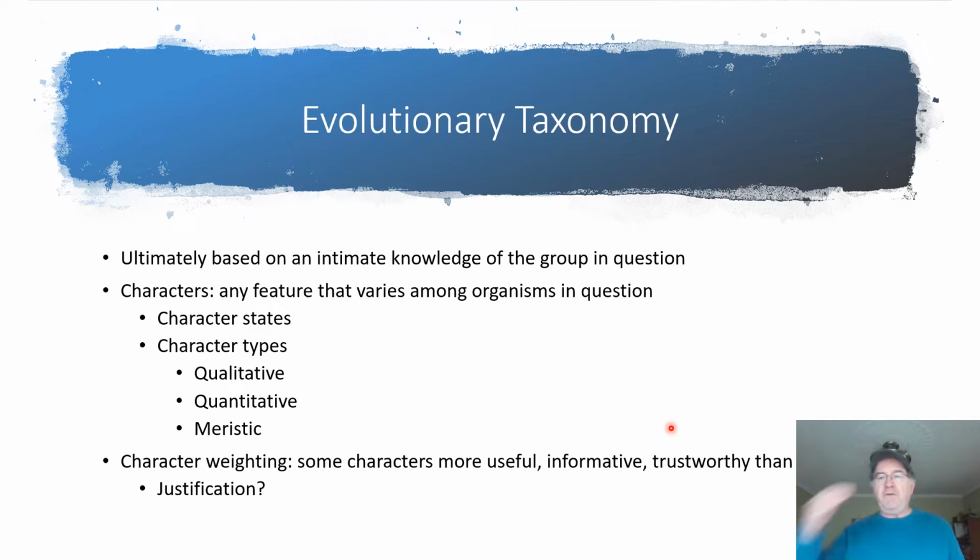Meristic characters are things that you can count. So if you study fish, one of the common characteristics that people use is the number of rays in a fin, the number of cartilaginous or bony support rods in a bony fish. So meristic characters are things you can count: the number of wings, the number of legs, the number of antennal subsegments, and things like that.